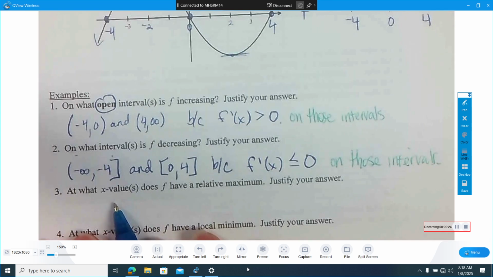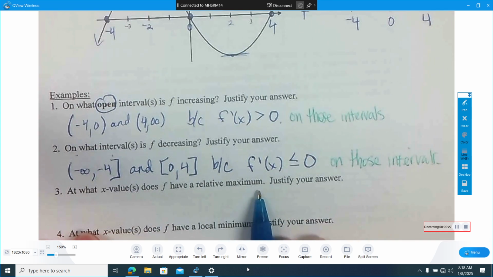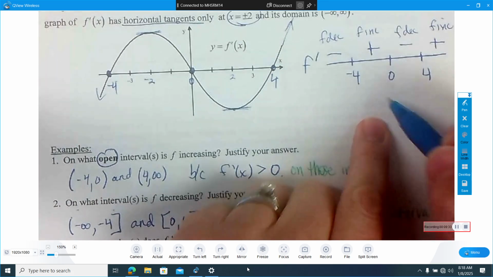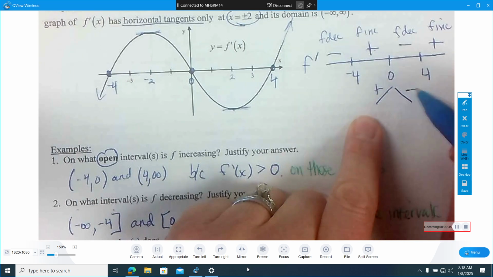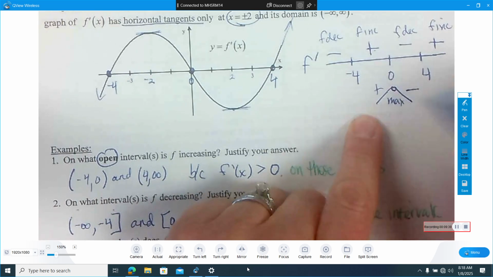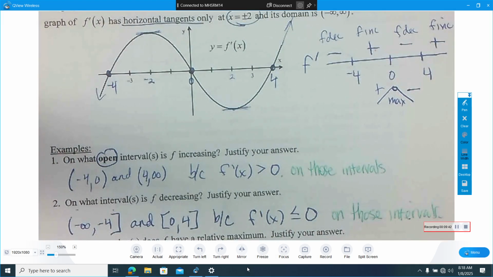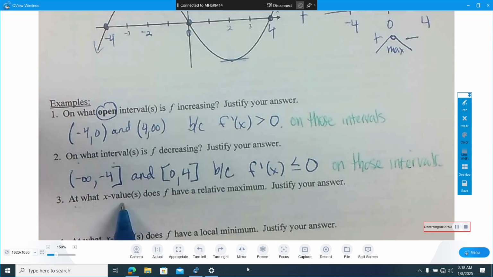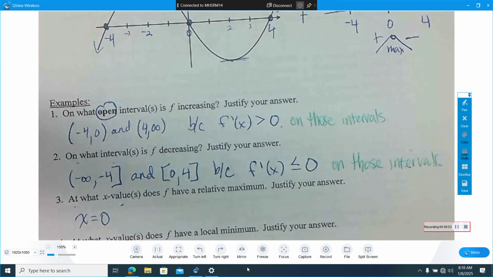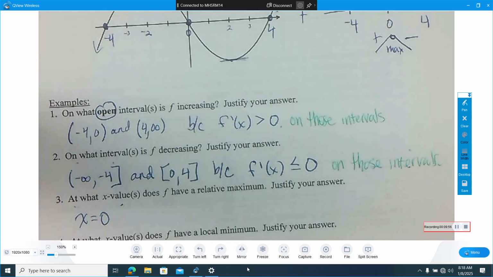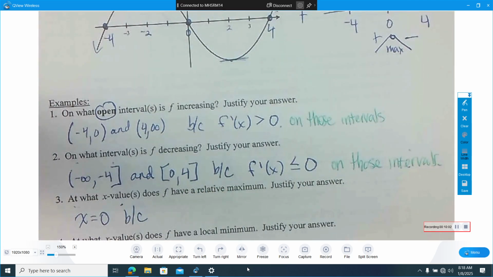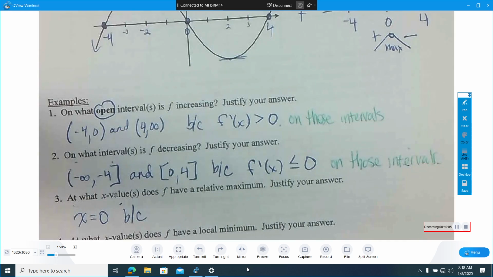Okay, at what x values does f have a relative maximum? How do we know we have a maximum? Yeah, it goes from increasing to decreasing, and so we must have a maximum there. And is that the only place then? I think so. Okay, so at what x values? So we're going to say at x equals 0, because, what do you think you should say?